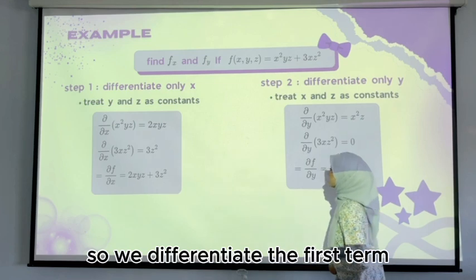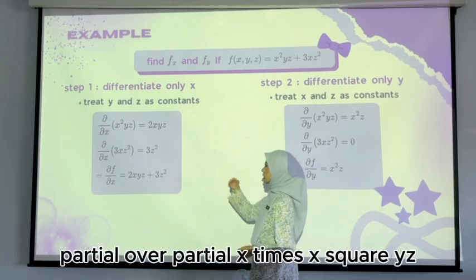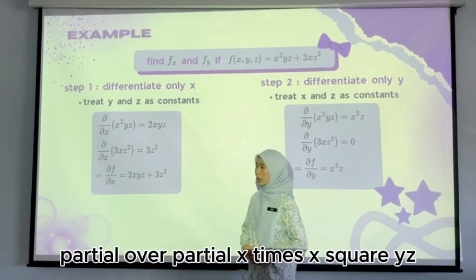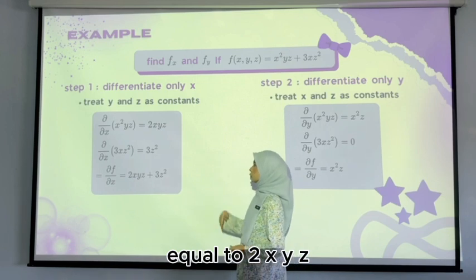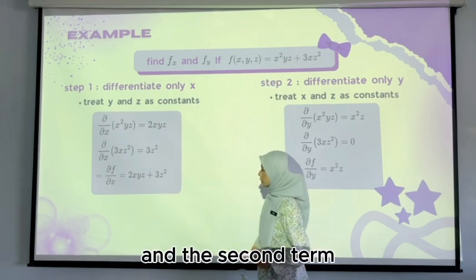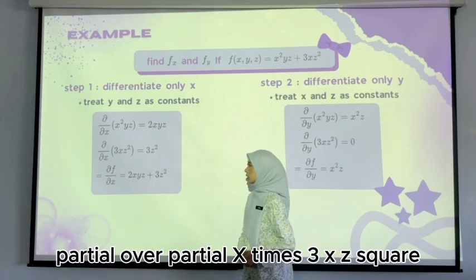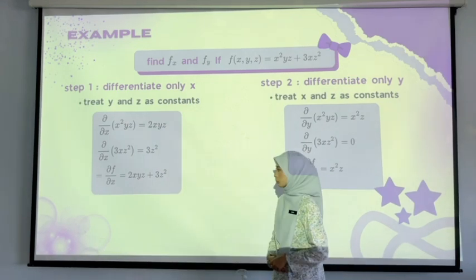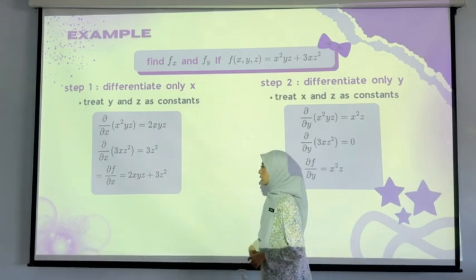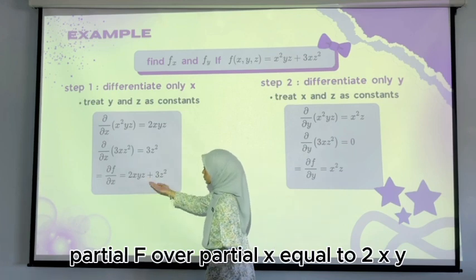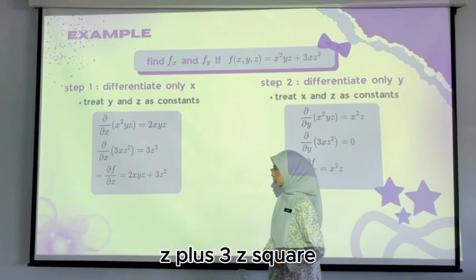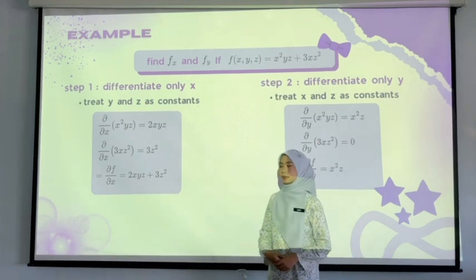So we differentiate the first term, partial over partial x of x squared yz, equal to 2xyz. And the second term, partial over partial x of 3xz squared, equal to 3z squared. So we get the answer, partial f over partial x equals 2xyz plus 3z squared.